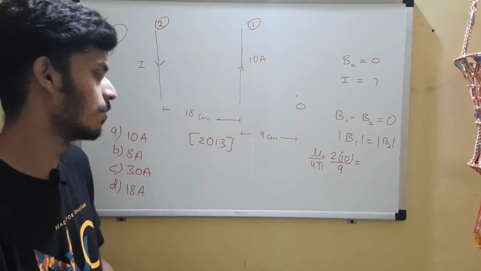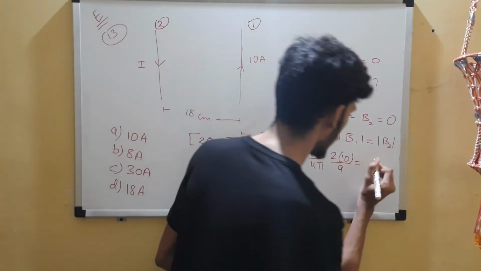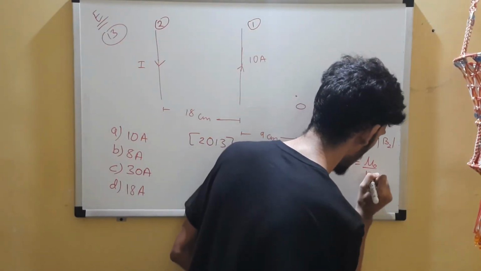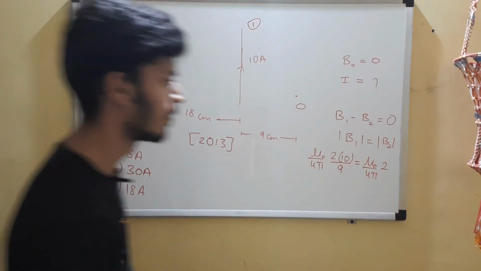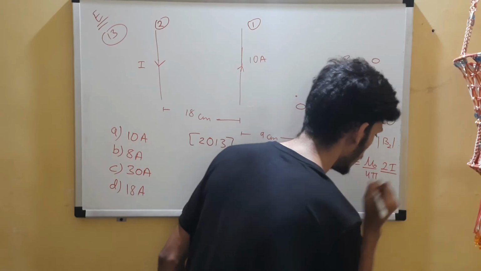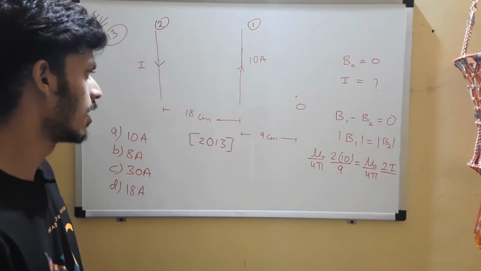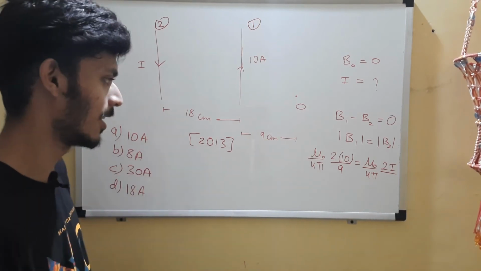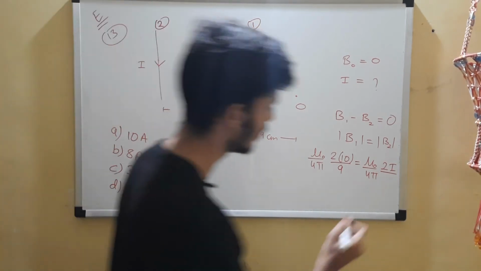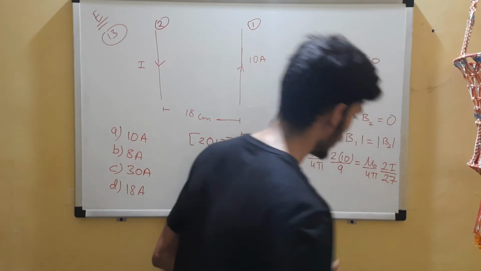Centimeter on both sides will get cancelled. Here also, mu 0 upon 4 pi, 2 times the current in wire 2, which is I, divided by R. R is the distance. Now it's not 18, it's 27, the distance from point O. Keep that in mind, don't make silly mistakes over here. So it is 27 over here.